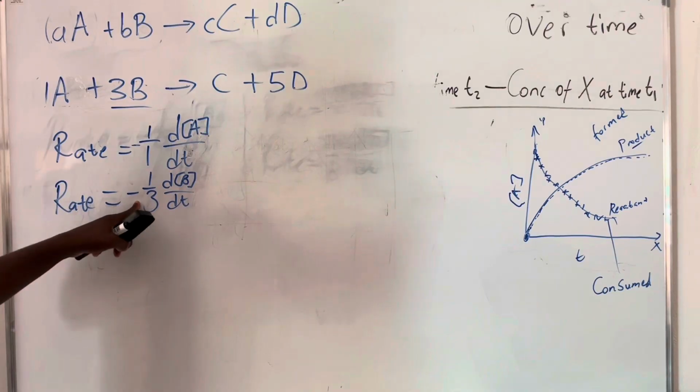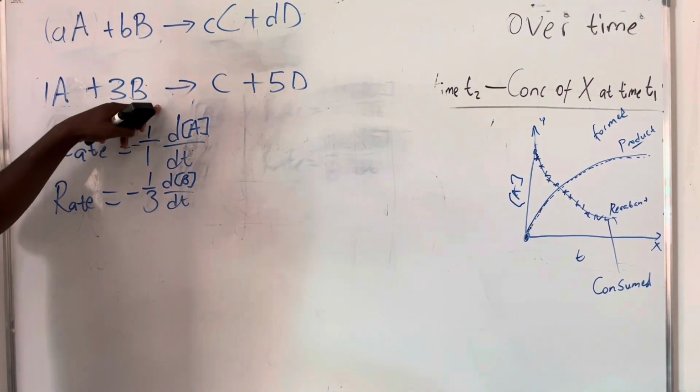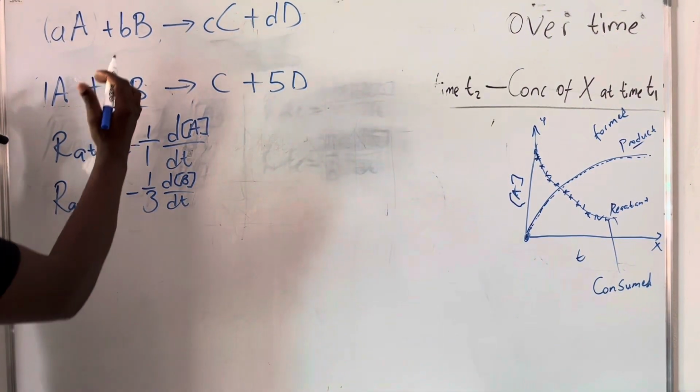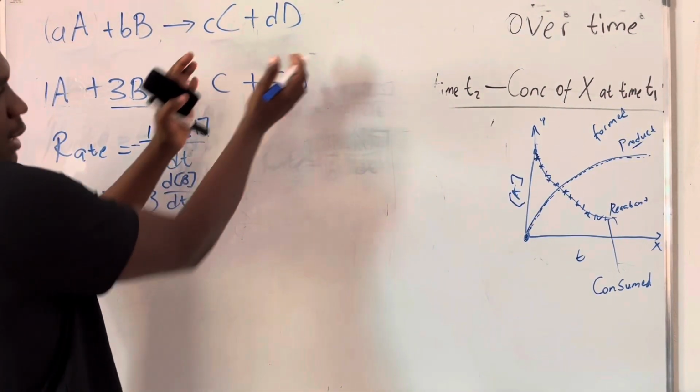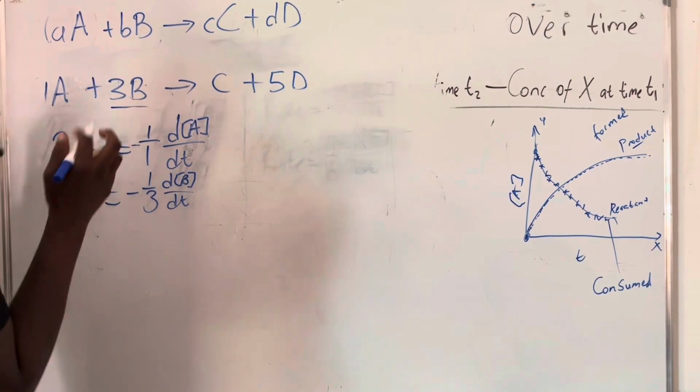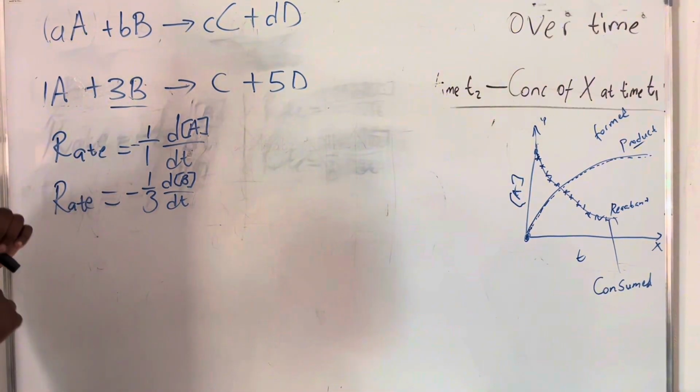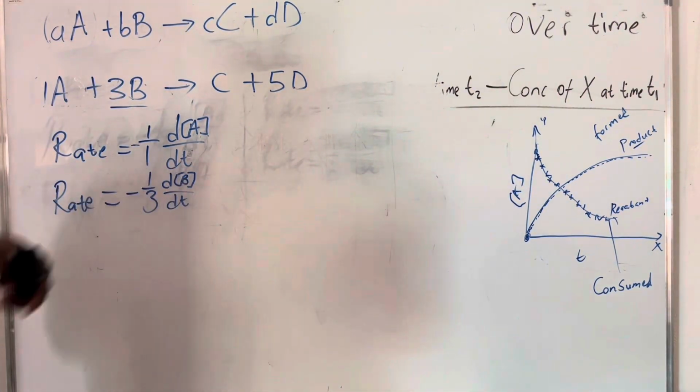Why negative? Because it is still on the left-hand side. Remember, the left-hand side is the reactant, the right-hand side is the product. So the reactant is being consumed, it is associated with the negative. So it's going to be negative 1 over 3, dB over dt.